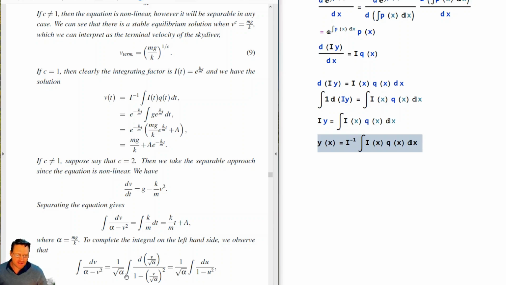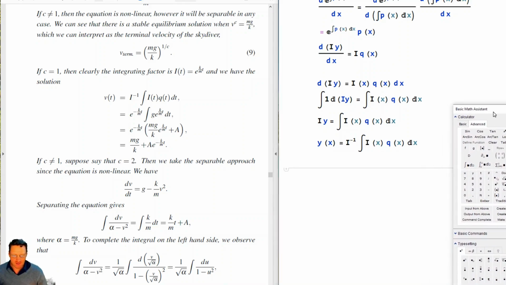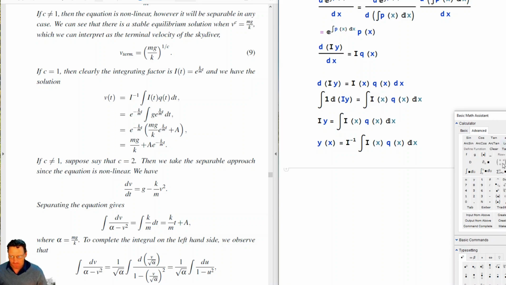Okay, so we can write this as the integral of dv over root alpha over 1 minus v over root alpha all squared. Okay, I feel like I should probably demonstrate exactly how this works here at this point. So let's just write in this integral. I'll put in a fraction.